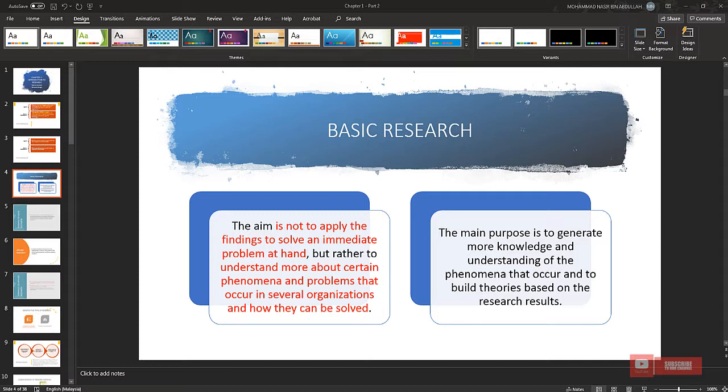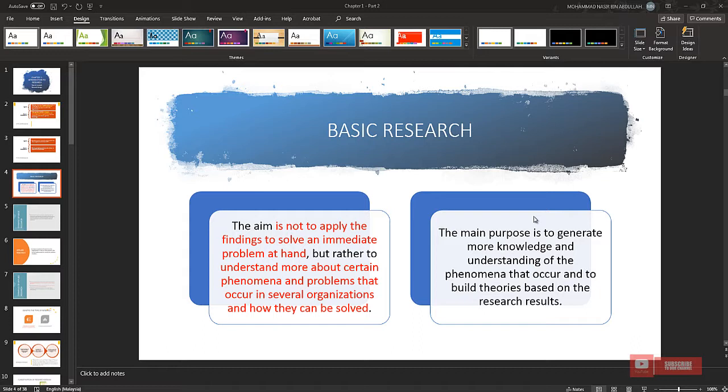As there is no guarantee of a short-term practical gain, researchers may find it difficult to obtain funding for basic research. So basically, to recap, the aim of basic research is not to apply the findings to solve the immediate problem at hand, but rather to understand certain phenomena and problems that occur in several organizations and how they can be solved.